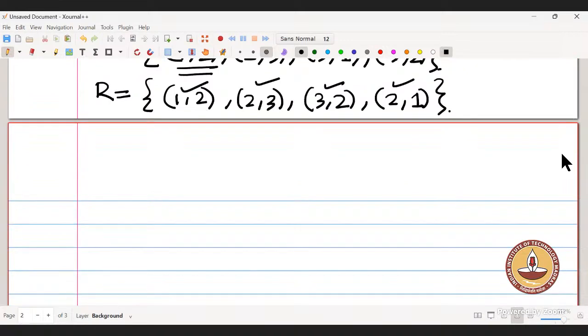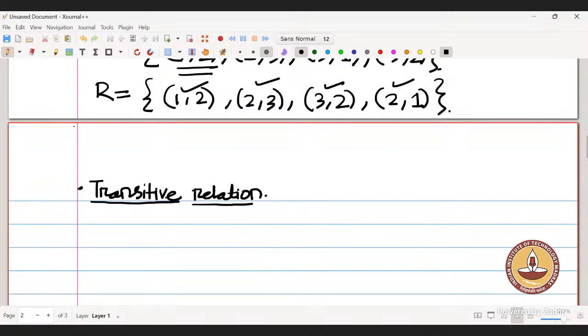So the last standard relation is the transitive relation, right? So what is the definition of a transitive relation?